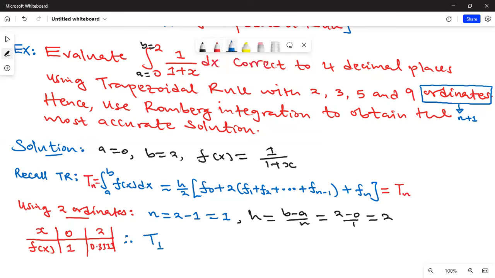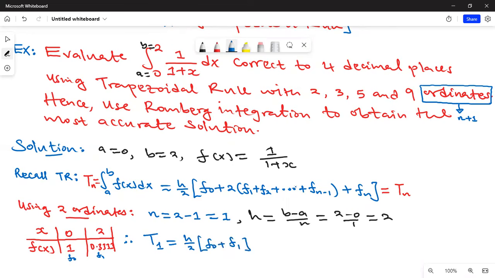T1 is equal to h over 2, and remember here we only have f0 and f1, only the end ordinates, so it is f0 plus f1.